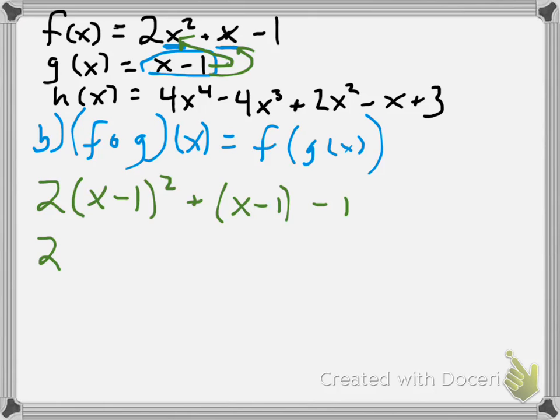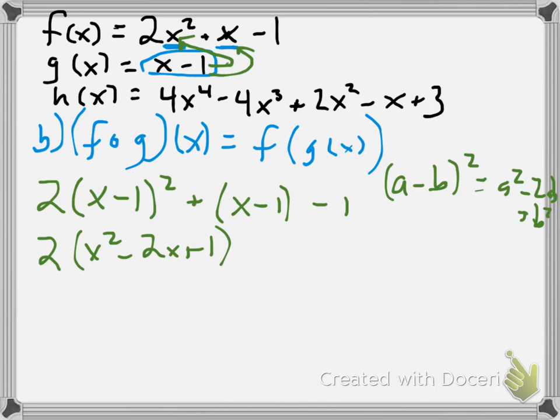Hopefully you remember this trick that a minus b quantity squared is a squared minus 2ab plus b squared. So this is going to give me x squared minus 2x plus 1, plus quantity x minus 1, minus 1. Distribute everything out.